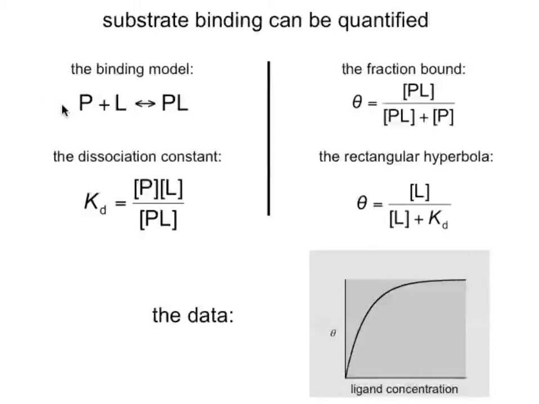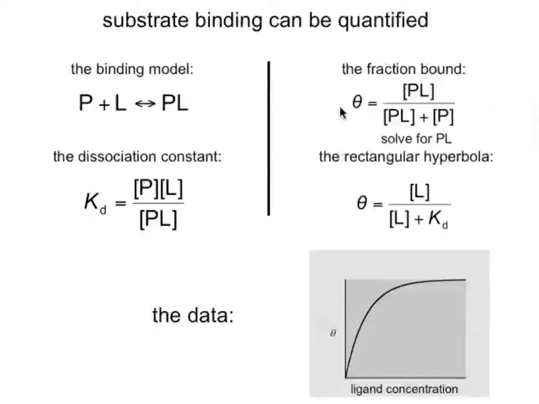So binding model for myoglobin, protein plus ligand in equilibrium with a bound state, so free to bound. We can write a dissociation constant for that. We could also write an association constant for that, but it's more convenient in most cases to think about dissociation, at least for us. So, right, the products of dissociation then are the free protein and ligand. The reactant then is the bound state, the protein plus ligand. Now, you can express a fraction bound here, and the trick is that we want to solve for PL.